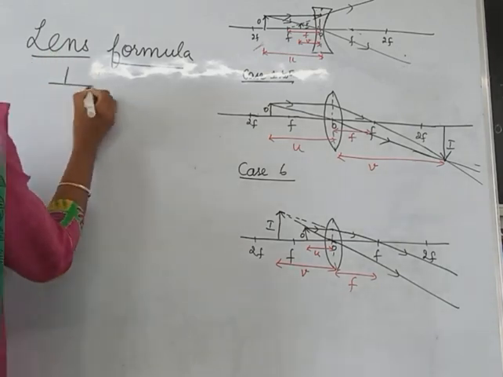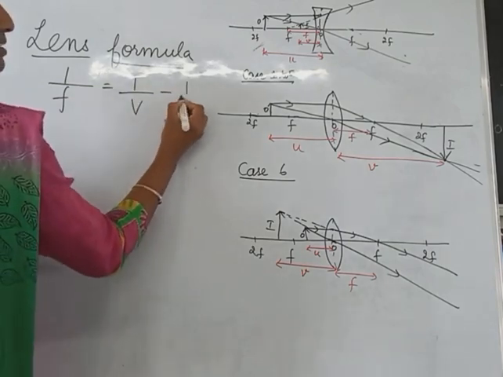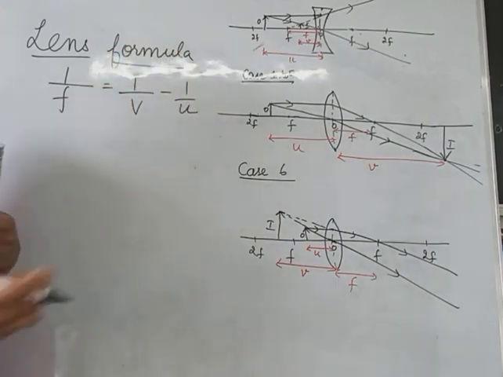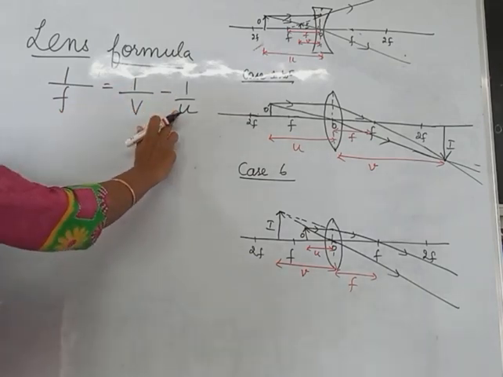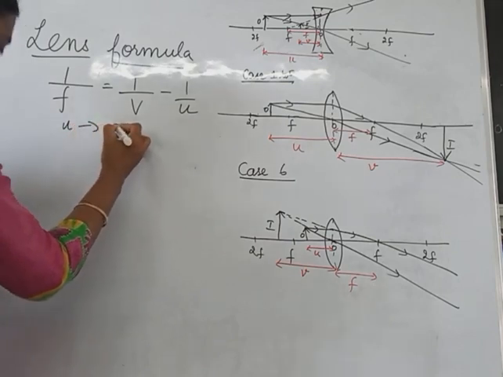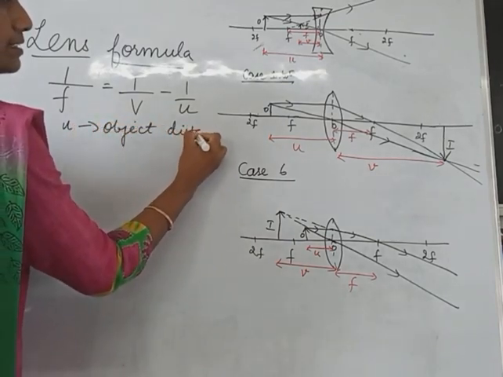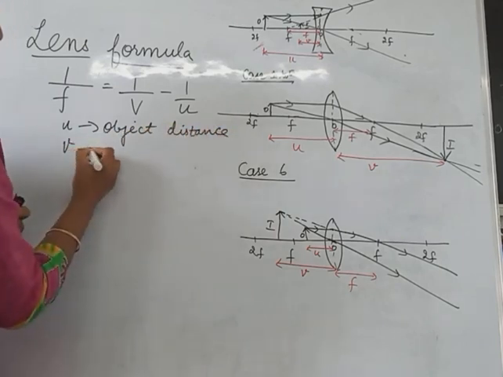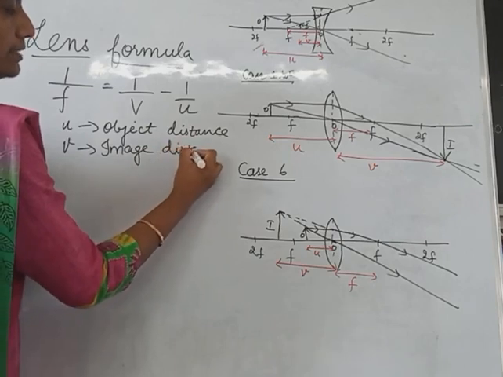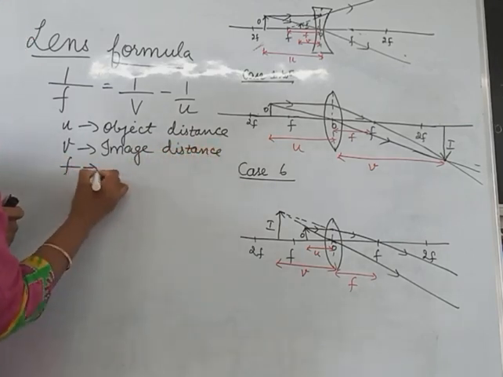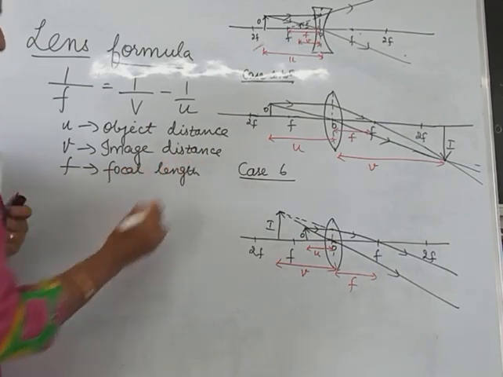According to the lens formula, 1 by f is equal to 1 by v minus 1 by u, where u is the object distance, v is the image distance, and f is the focal length.